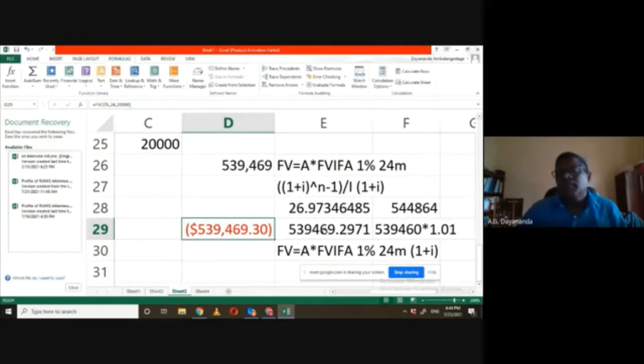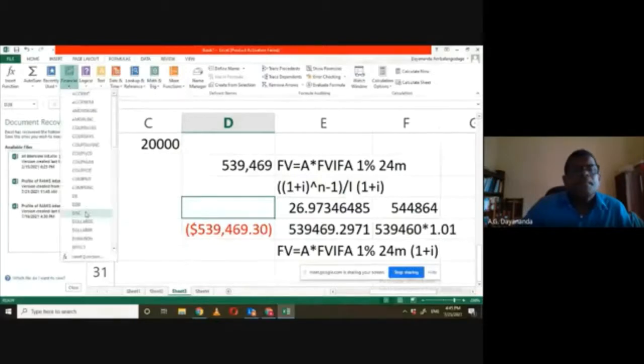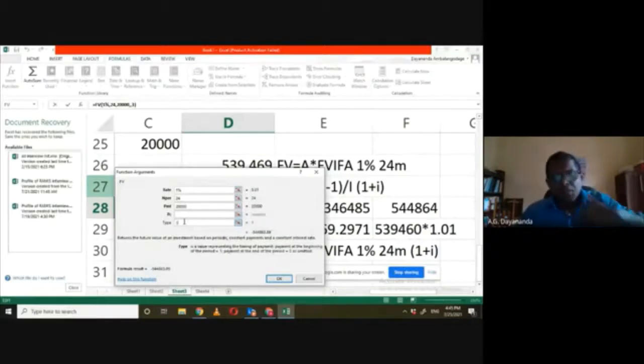So the answer is, I think, 539,469. Now I'm doing it another way. If you consider the cash flows as annuity due, you apply the same rate, 24 months, no difference, and here 20,000 is your installment, but here you enter the type as 1 because you consider it as annuity due now.